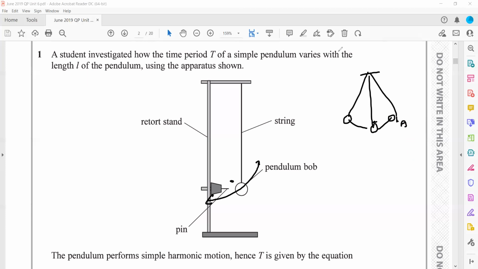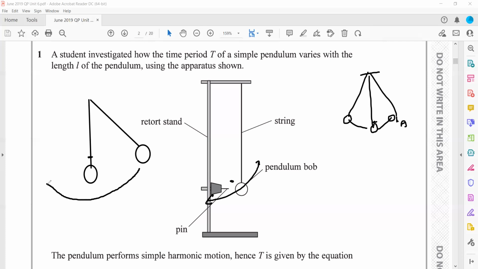When the student starts the timer, the pendulum is at the mean position. The student displaces the pendulum to the extreme position and then releases it. But the student does not start the timer there. The student starts the timer when it reaches the center position, or the pin. What is the reason for that?